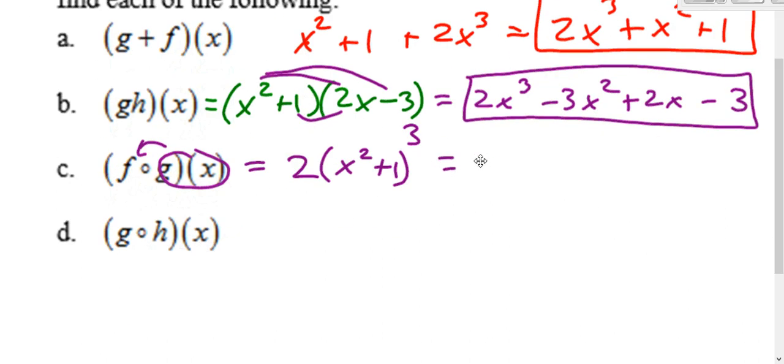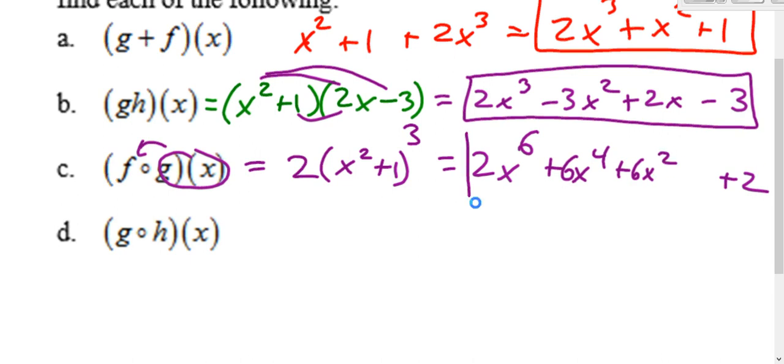I do know that it would be 2x to the 6th, and it's going to end with a 2, but I don't want to do the other stuff. It would be 6x to the 4th plus 6x squared plus 2. There it is.